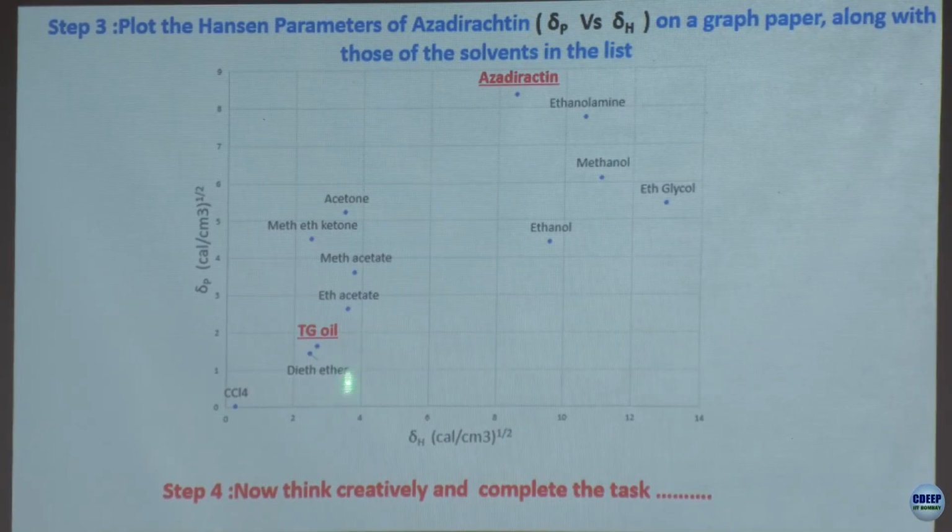Now supposing you want to remove the triglyceride oil, or rather the azadirachtin from the triglyceride oil, what will be your choice of the solvents? Any guesses? Which one? Ethanolamine? Well, one has to also take into consideration ethanolamine is a very reactive compound.